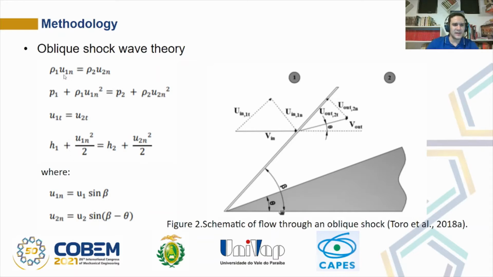Notice that the index 1 is for before the shockwave and index 2 for after the shockwave. Notice that we will only use the normal velocity to the calculations, not the tangential one, because it does not affect at all. And beta stands for the oblique shock wave angle and theta for the flow deflection angle.